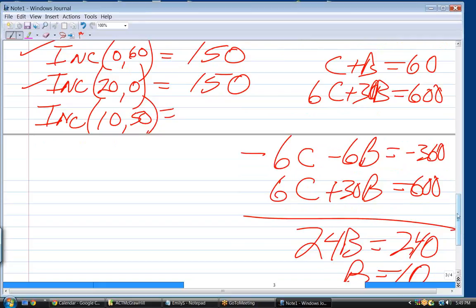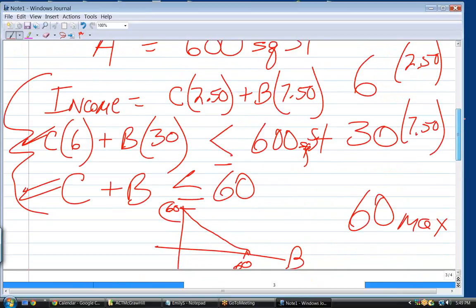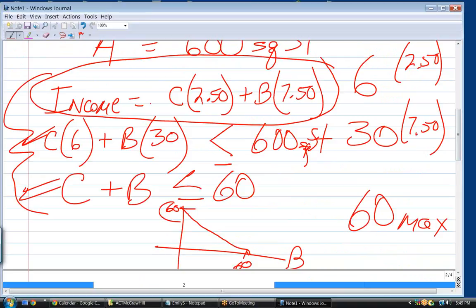Well, we go back to the objective function, this function right here. And if I had 10 buses, that'd be $75 in buses. If I had 50 cars, that would be $125 in cars.